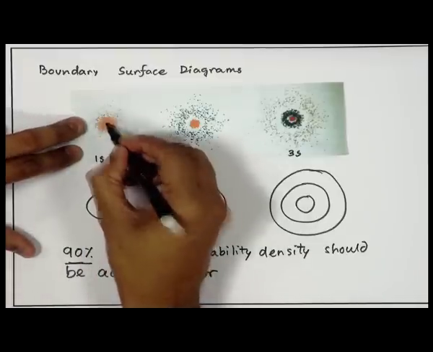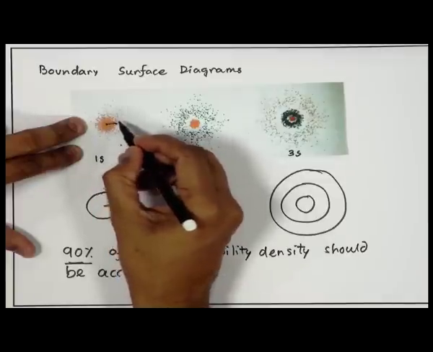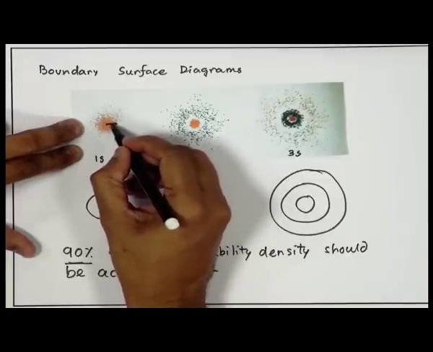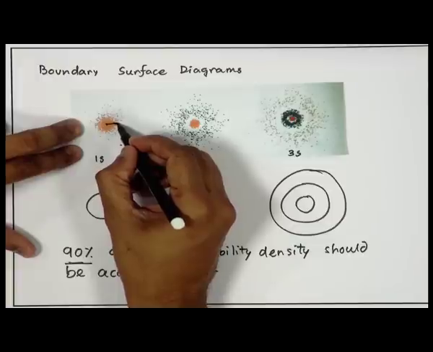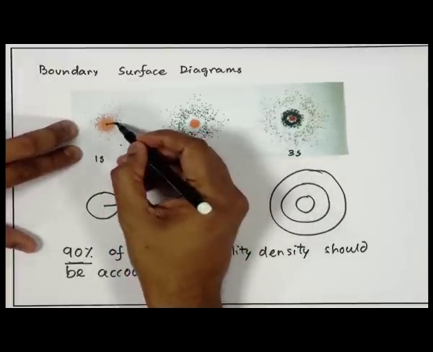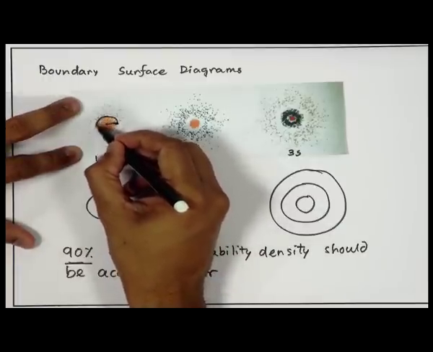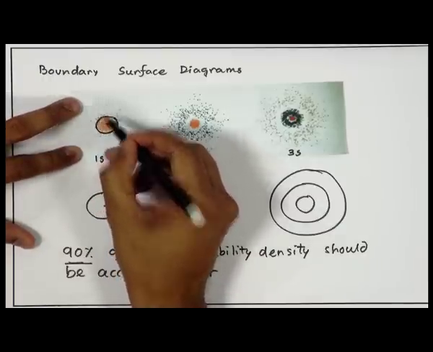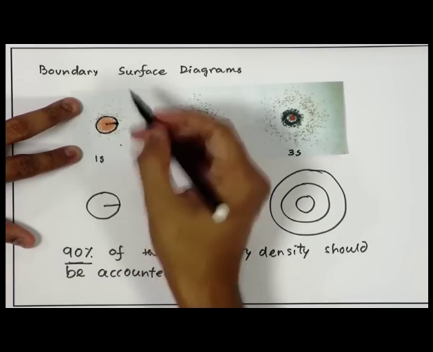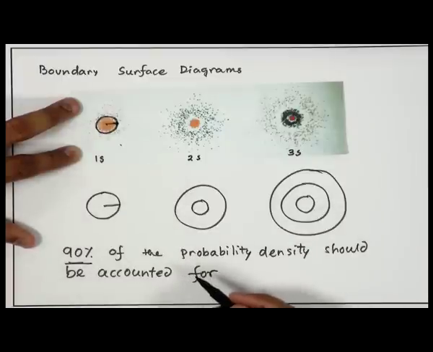You can see I can start from the center, keep on going and finding out the net probability, and when I see that I have already accounted for 90% of the results from my experiments, then I say okay, I am happy with this. So, this is the boundary surface diagram. Then I can bound the surface at the region where I found 90% of the electron density.